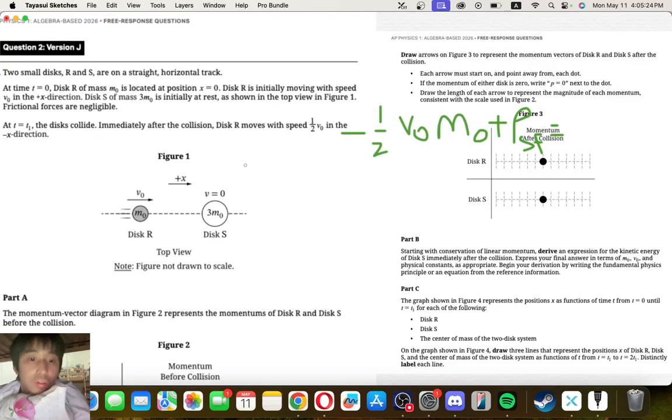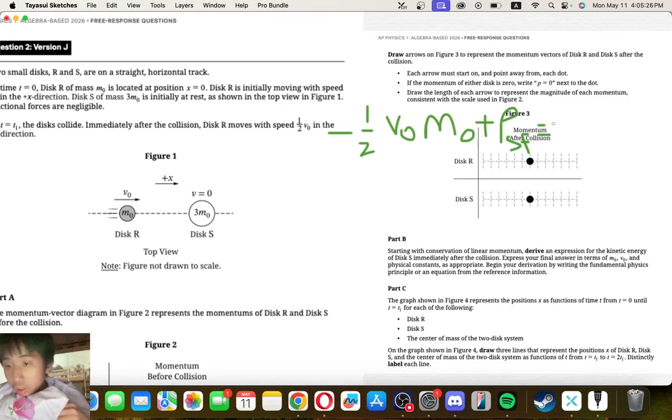Since the initial momentum of S is 0, we just don't write it, and this is just M0V0 before. So initially M0V0, and then it hits and R goes the opposite way.